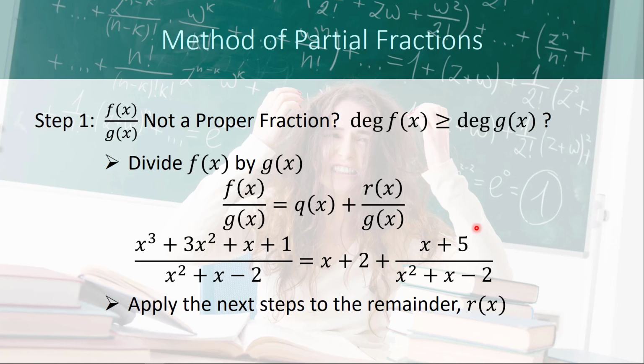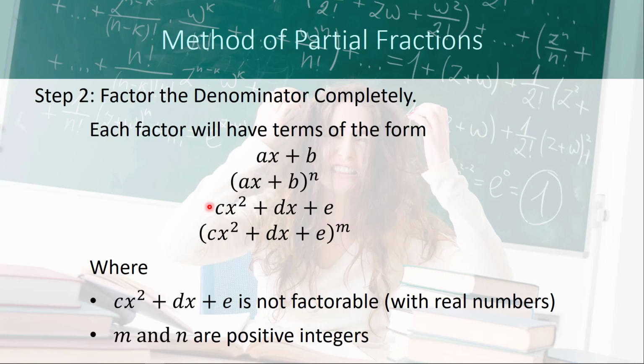Once we have our proper fraction, we can apply the next steps to this expression right here. The first thing we're going to want to do is factor the denominator completely. If we do that, we will have terms that look like ax plus b, or (ax plus b) to the nth power. This is a discrete linear term; this is a linear term that has been repeated n times.